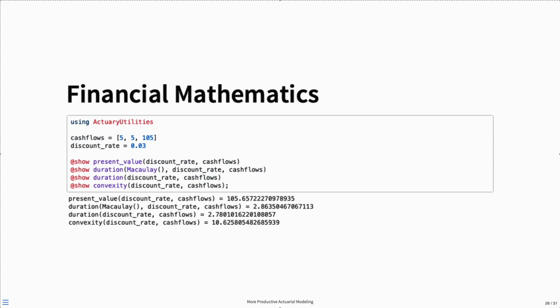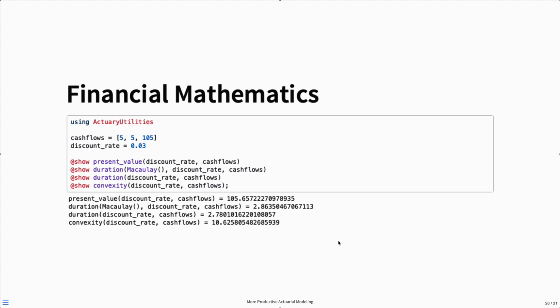But something I want to point out is what's really cool about this is a couple of things. One is present value is using a very fast present value function where I'd claim that this is the fastest library to calculate the present value of a stream of cash flows of any language out there.